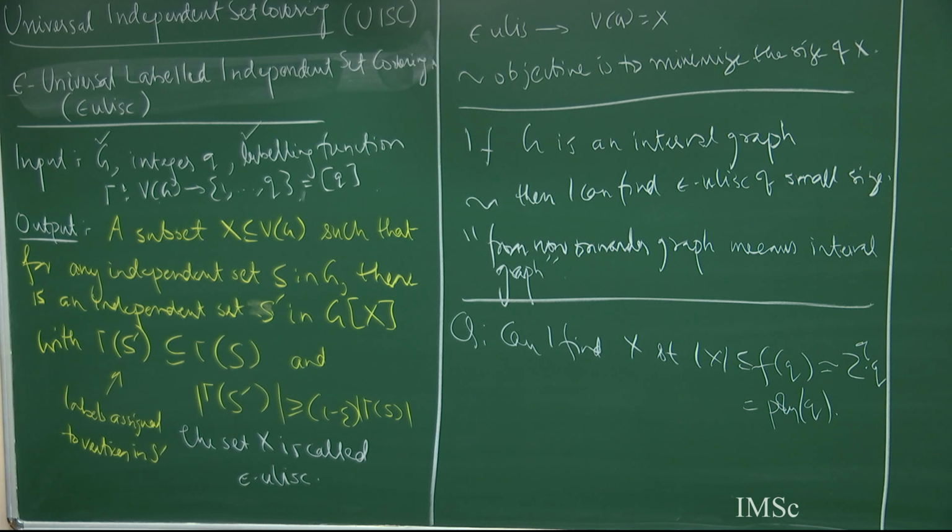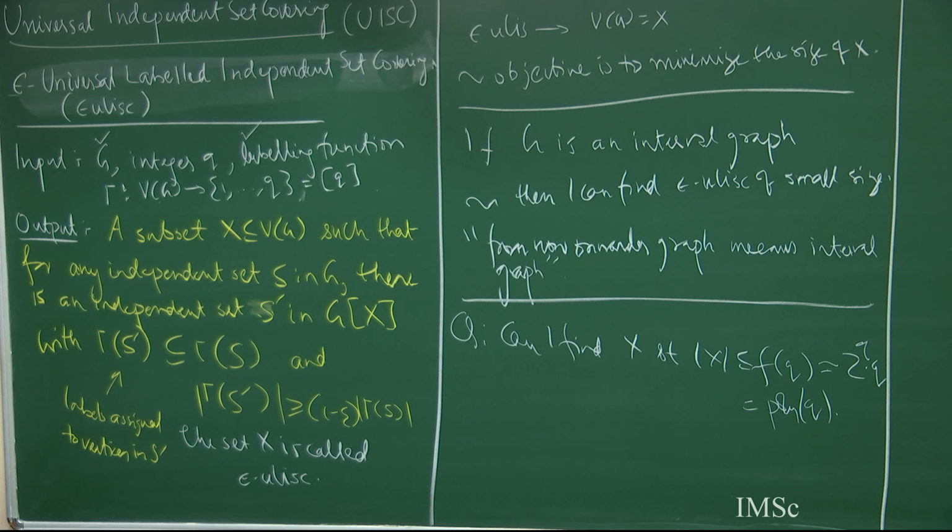Okay. More questions? When you say that it doesn't exist for any general graphs, what is it that does not exist? It does not exist as a poly size object, and I can give you a construction that it cannot exist. For any epsilon, but epsilon needs to be a fixed constant, right?